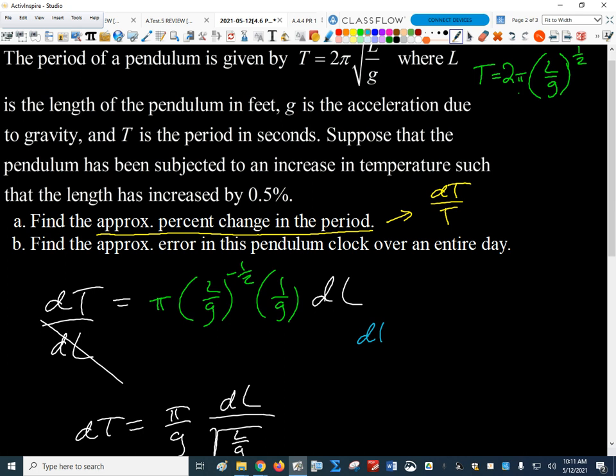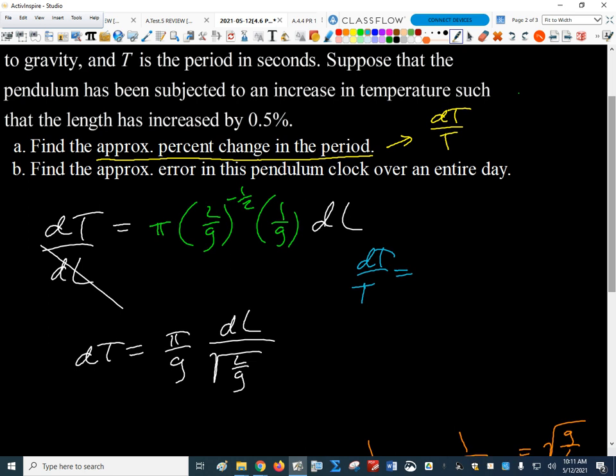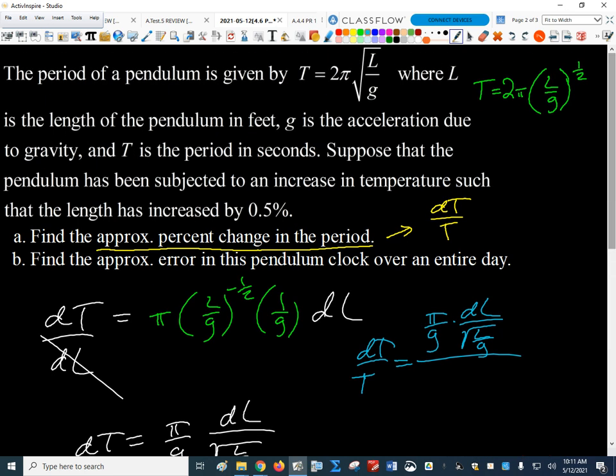So dt over t is going to equal this thing in the numerator: pi over g times, I'll put the dl at the end, I don't need to, either way, dl over square root of L over G. There's my dt on the top. On the bottom, I've got my 2 pi times the square root of L over G. I just have to simplify that, okay? Well, those are going to cancel, aren't they?